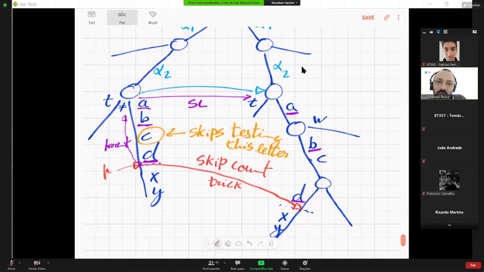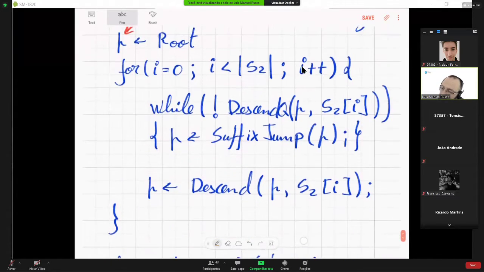Here, you might need to reread some letters, but it might not be all of them. The skip count trick is not constant: if you use a suffix link, that's a constant operation, but if you do the skip count trick, that's not a constant operation.